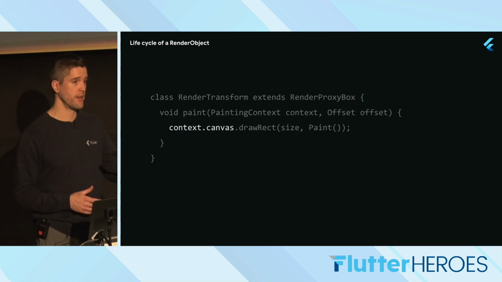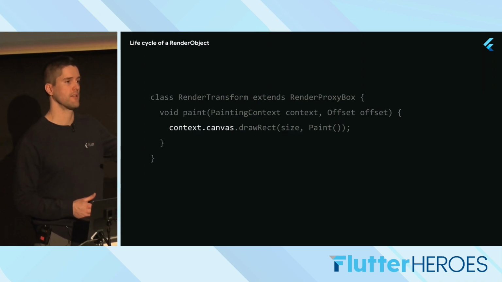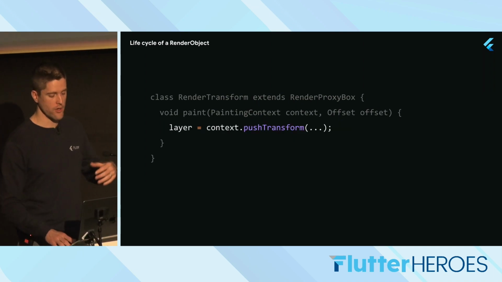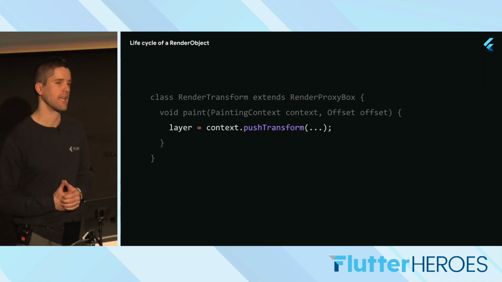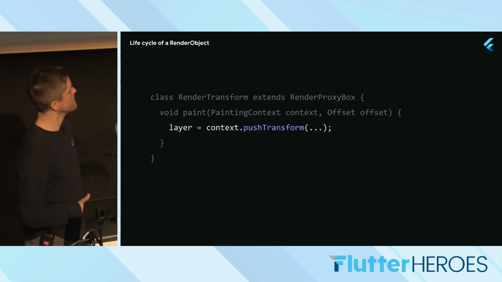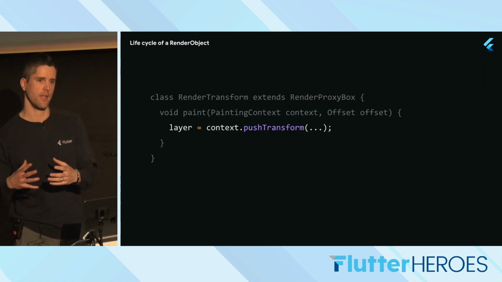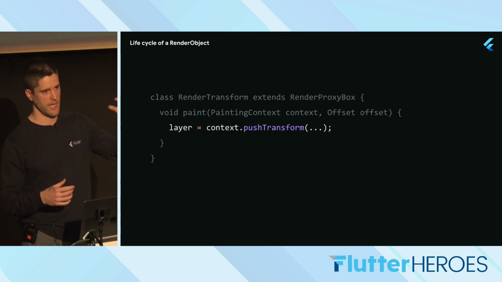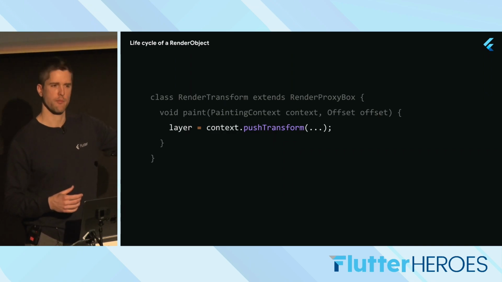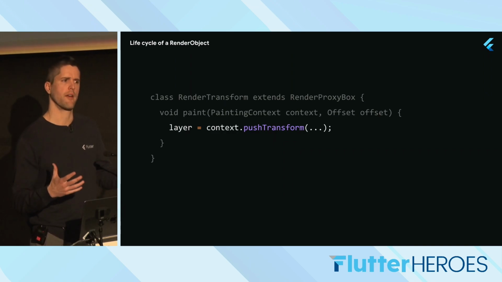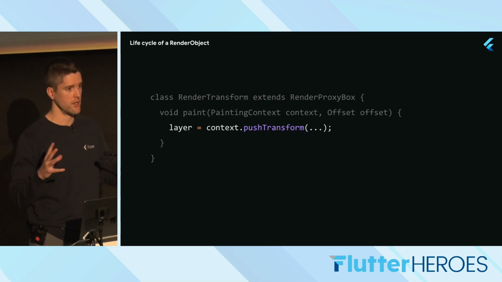And each render object could have written to that default canvas that was found at context.canvas, or it could have created another one in the form of adding a layer to the layer tree. So if this operation never happens, then the layer tree will just have one node, and it's that canvas found at context.canvas. But every time a render tree does something clever like this, then the layer tree grows.